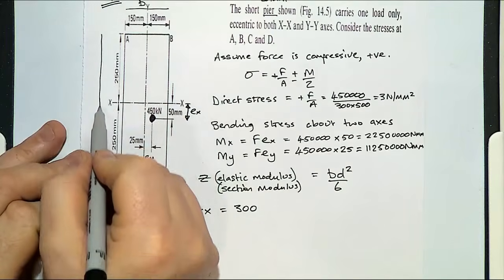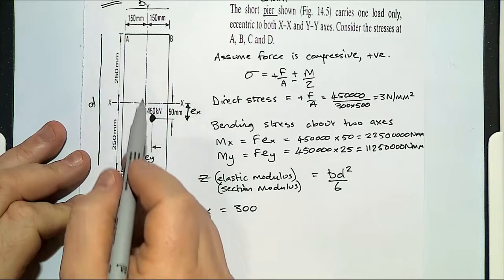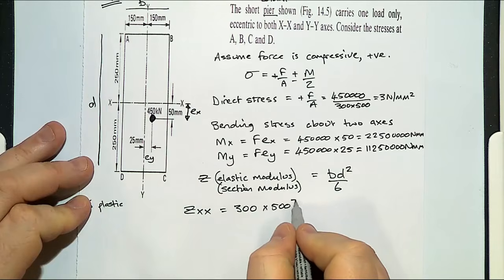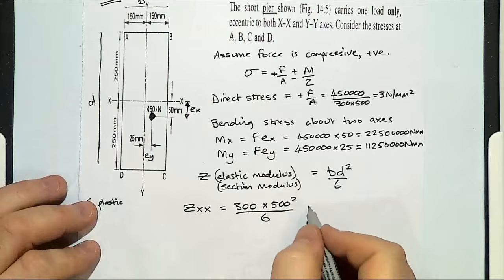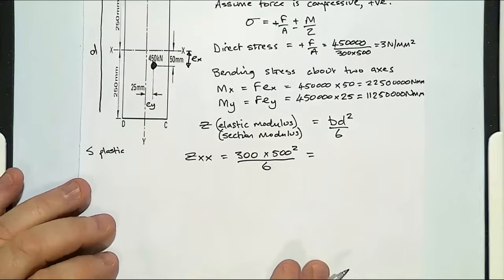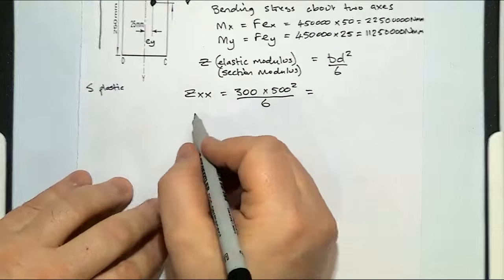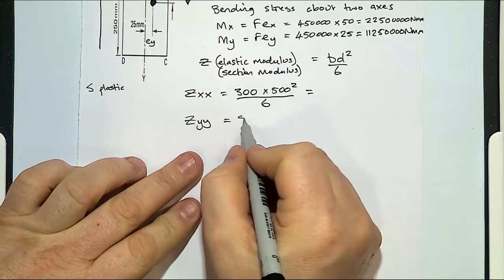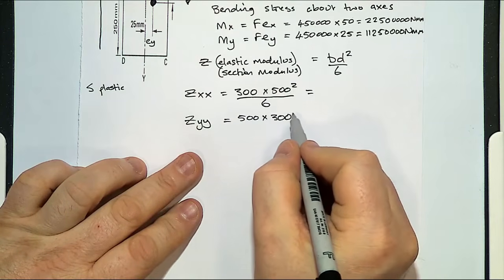This distance down here is our D, because we're looking about this XX axis, so it's times by 500 squared over 6. And across the YY, our B would be 500 and our D is 300.